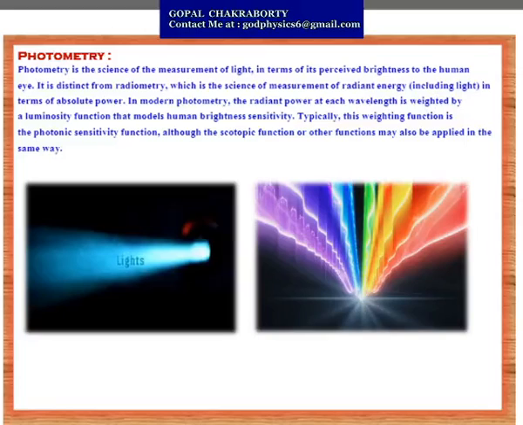In modern photometry, the radiant power at each wavelength is weighted by a luminosity function that models human brightness sensitivity. Typically this weighting function is the photopic sensitivity function, although the scotopic function or other function may also be applied in the same way.